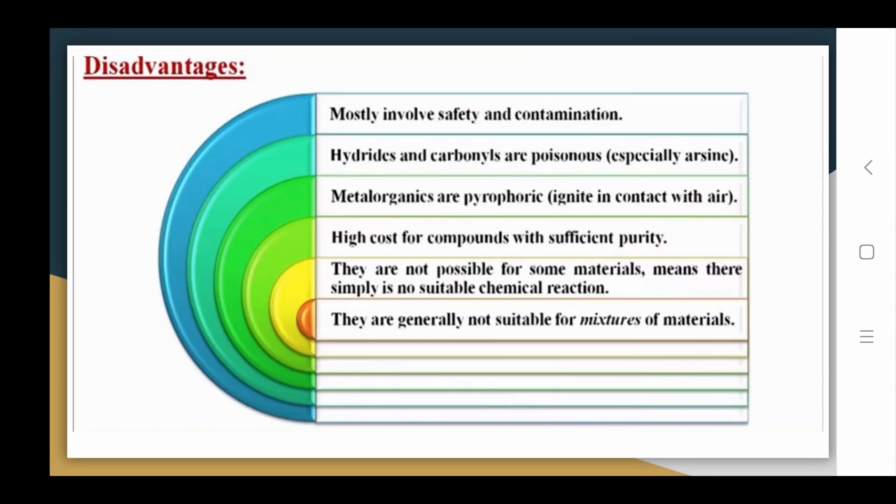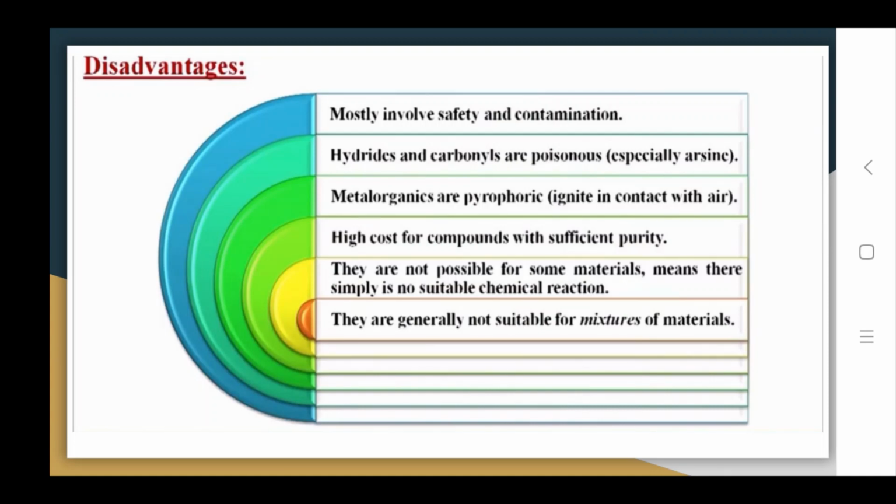Let us discuss the disadvantages. So first one is the most involved safety and contamination. That is a big problem over there. It can contaminate the source, it can contaminate the material, it can contaminate the equipment. Then next, the hydrides and carbonyls are poisonous.